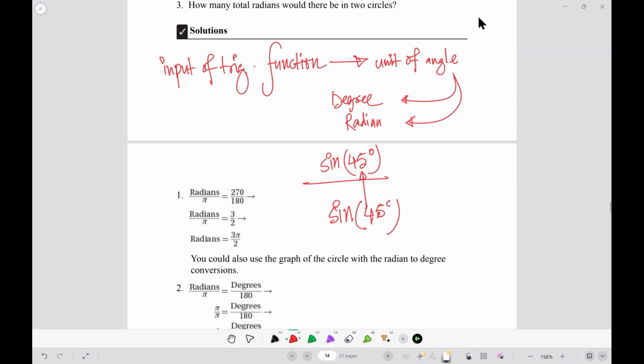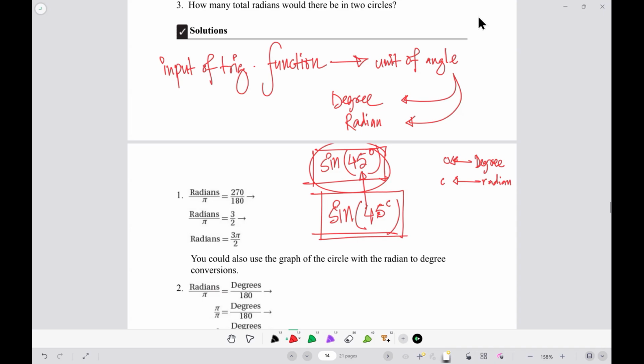The small zero denotes the degree symbol, and this small c denotes the radian symbol. Sine 45 radian has a value different from sine 45 degree. So be careful.